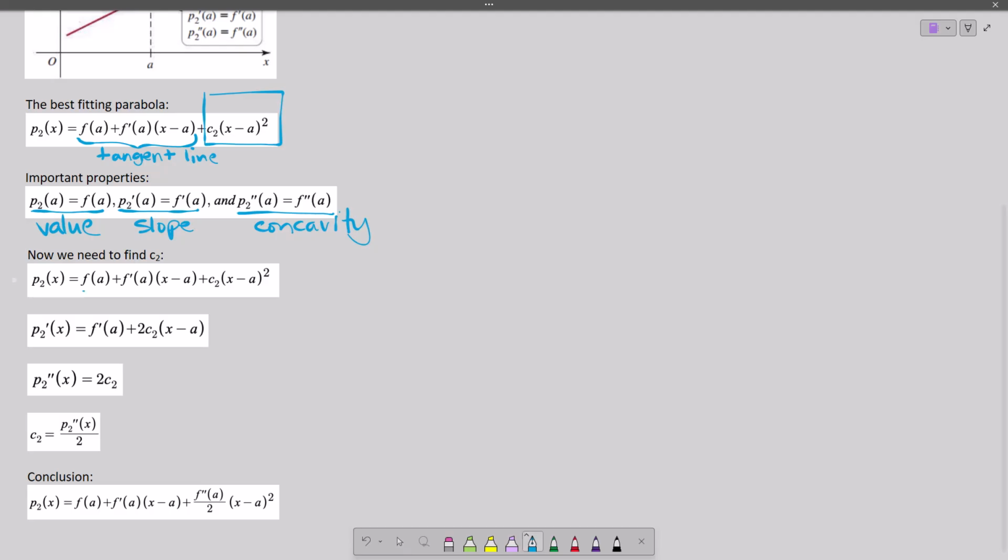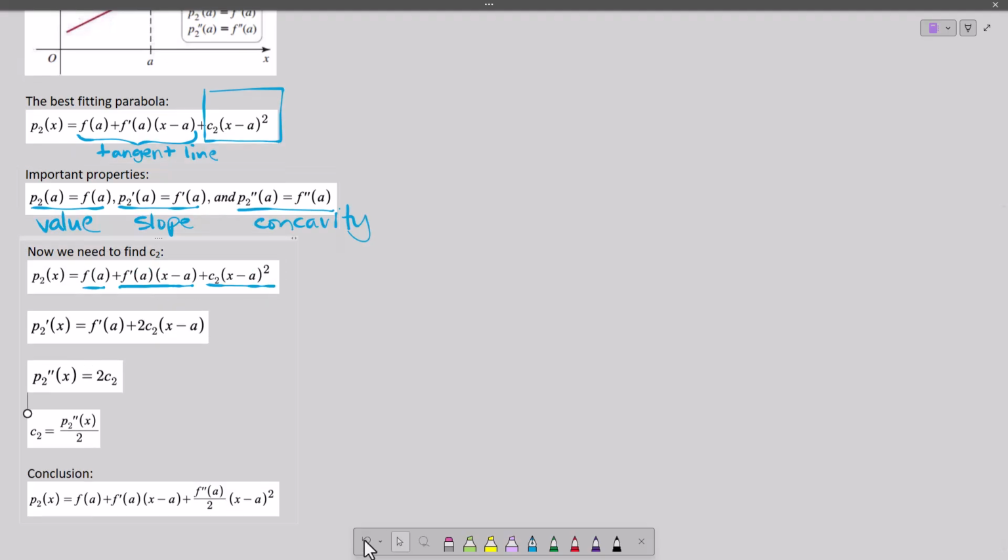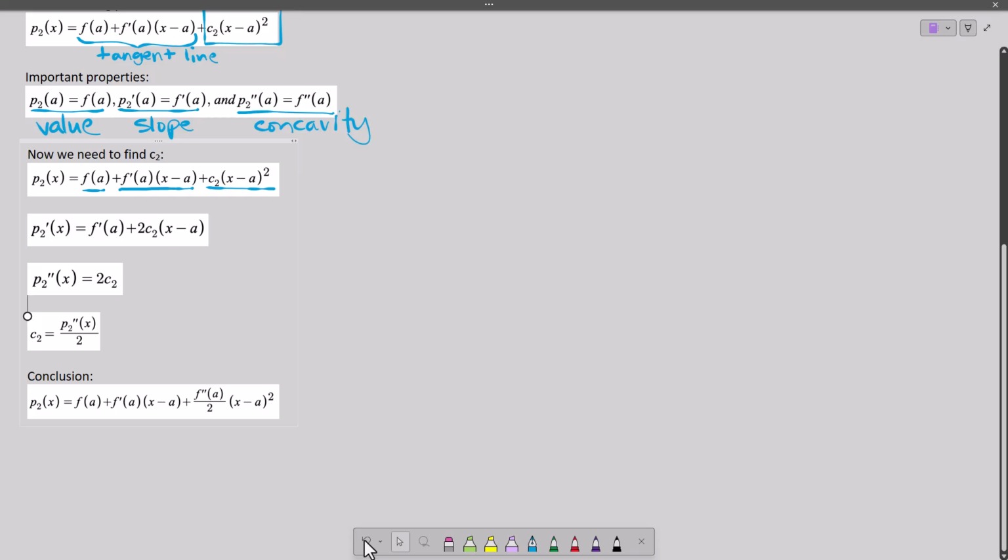Now we have our quadratic. There's a constant term, there's our linear term, there's our quadratic term. So look at this. Let's confirm that the values match. The tangent point is A. That's the x value.